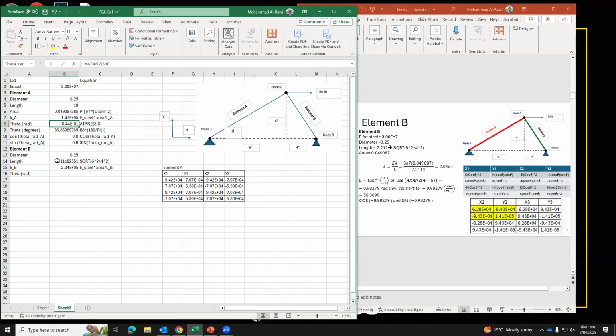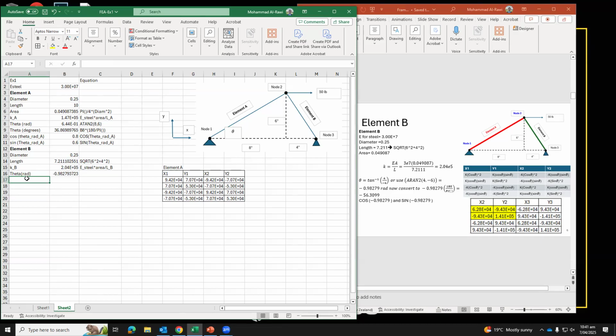So equals a tan 2 brackets. You would choose 4 and minus 6. And as soon as you click that, it will give you a negative gradients angle. I will call that one theta gradients for B, to distinguish it between A and B, okay?